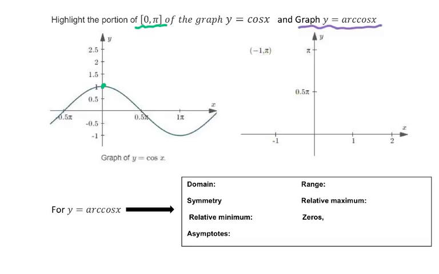That means from here to here. You can sketch the inverse function by reflecting over y equals x. Or you can get a more accurate graph by switching the x and y values.